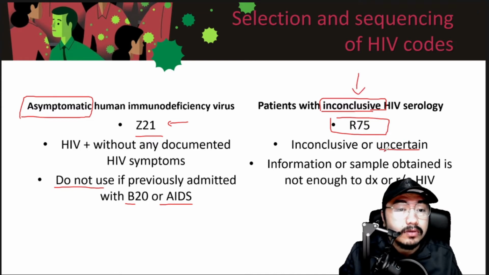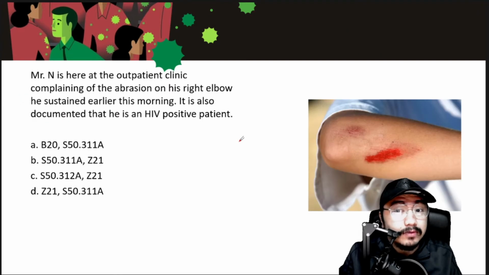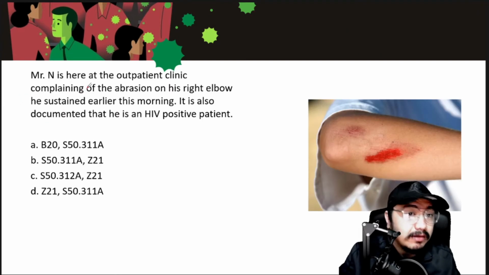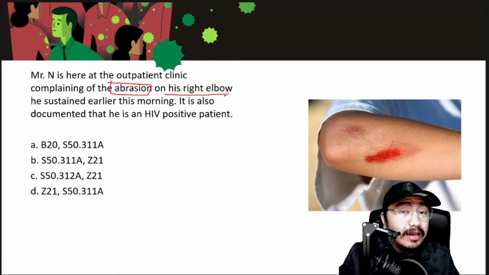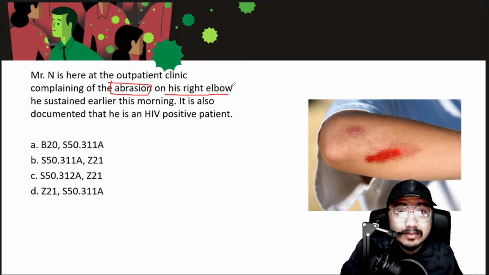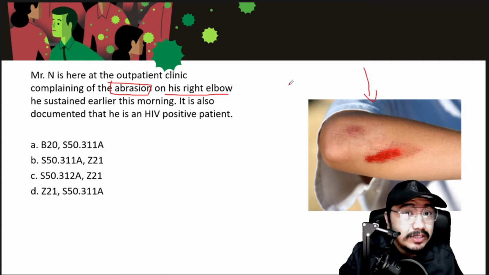Okay? So that's it. Let's move to your practice. Mr. N is here at the outpatient clinic complaining of an abrasion on his right elbow. Again, the key factor for your HIV coding is always what? The chief complaint. All right. So at least you can eliminate the stuff that you don't need from the choices. Okay. So abrasion is the chief complaint or the reason for encounter.